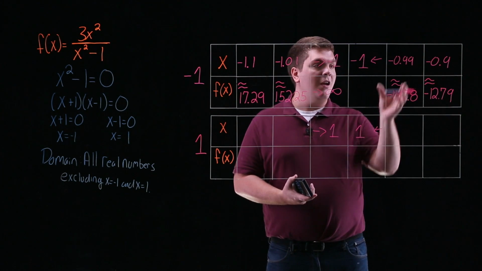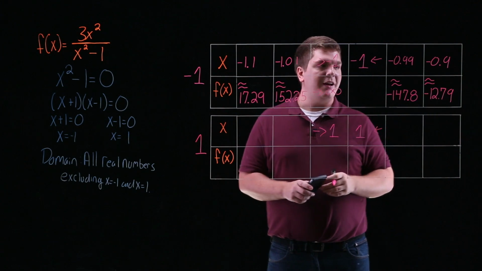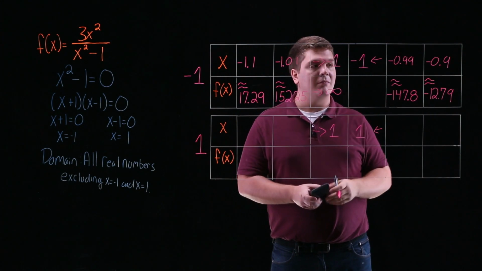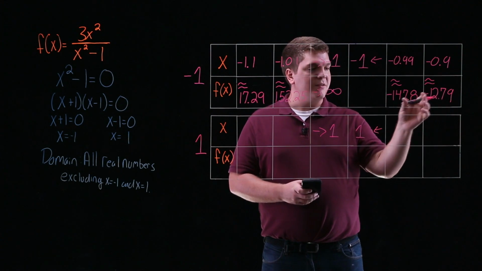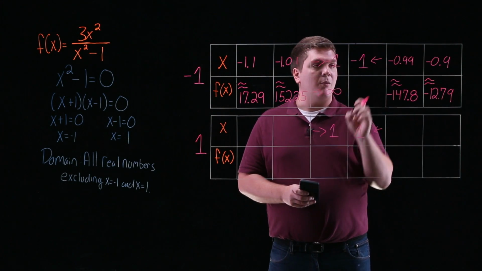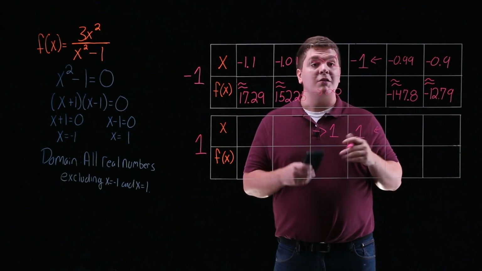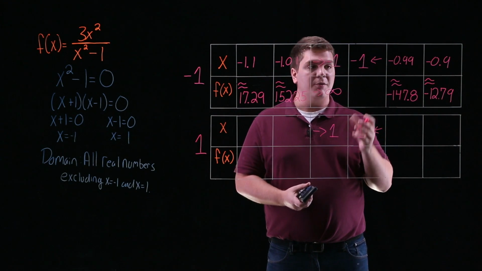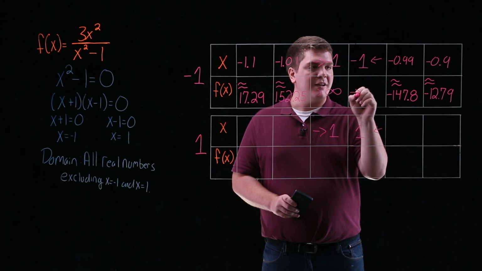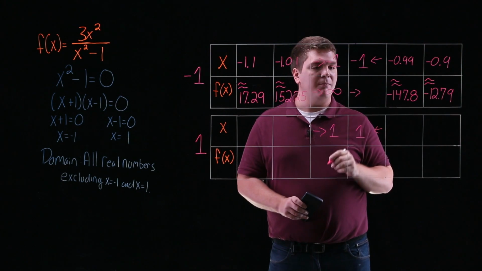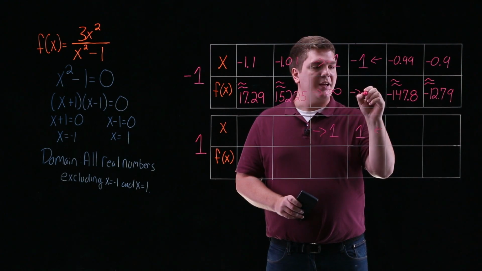You can verify this by finding the function value at negative 0.999. So as x approaches negative 1 from the right, our function decreases without bound, approaching negative infinity.